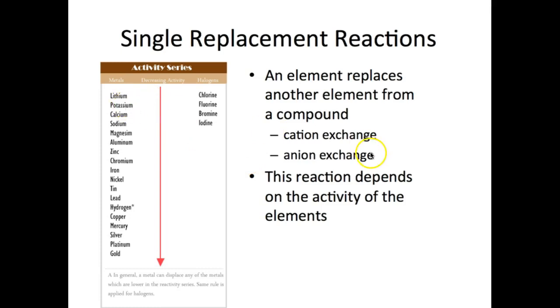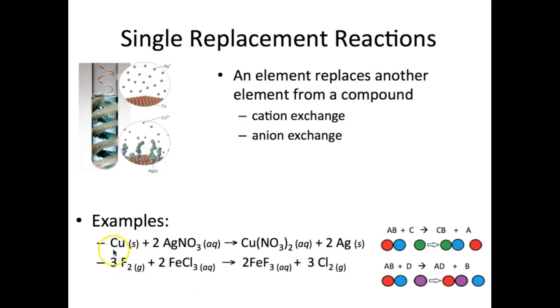So what's required for a reaction to actually occur, for example, copper can replace silver in a compound, but silver will never replace copper in a compound. So, examples. We can see that copper is the solid single element, silver nitrate. We see copper literally replacing the silver, and the silver becomes by itself.